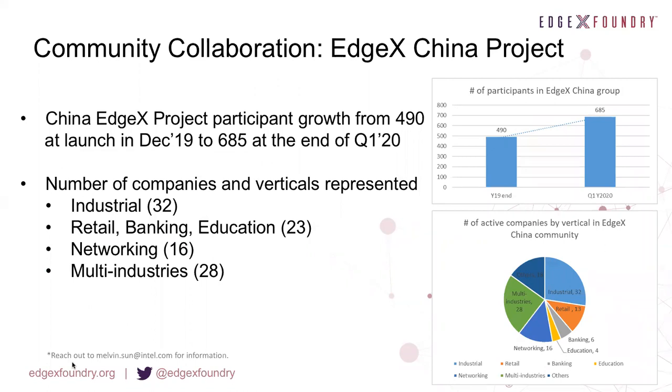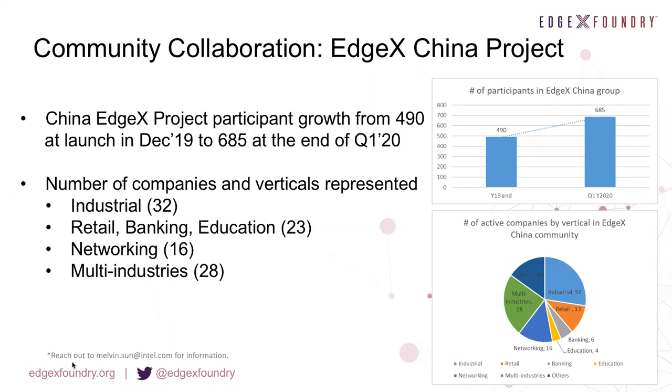One of the things that we saw, as Jim was going through the momentum of the project, is that we had a lot of traction in China right now, and the vertical solution working group was more US friendly in the sense that it was in English, and the time was Asia friendly.